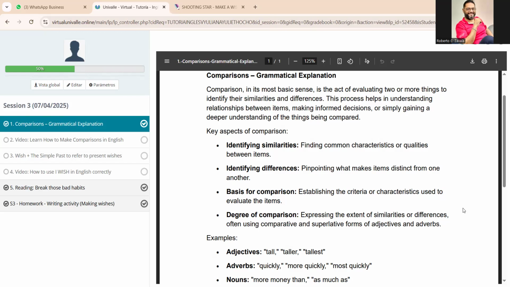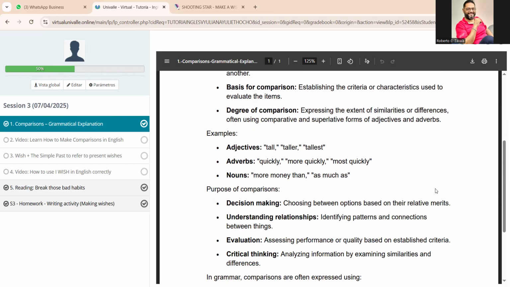Degree of comparisons. Okay, examples. Adjectives: tall, taller, tallest. Adverbs: quickly, more quickly, most quickly. Nouns: more money than, as much as.